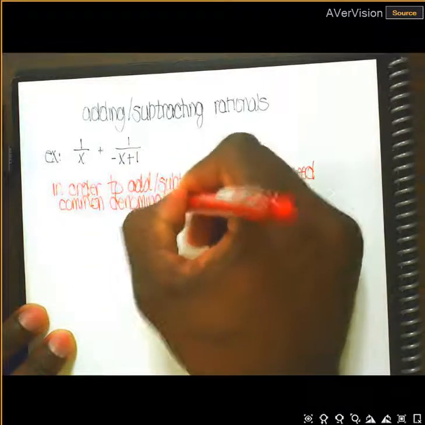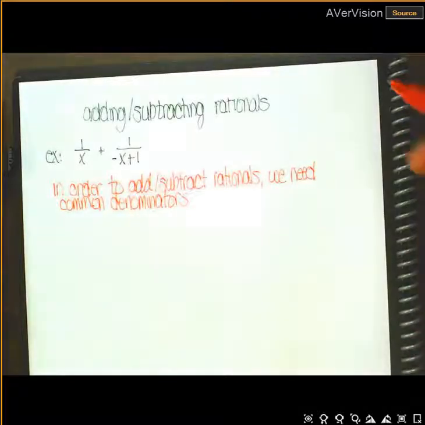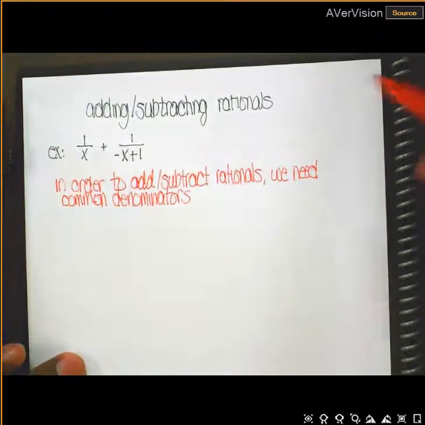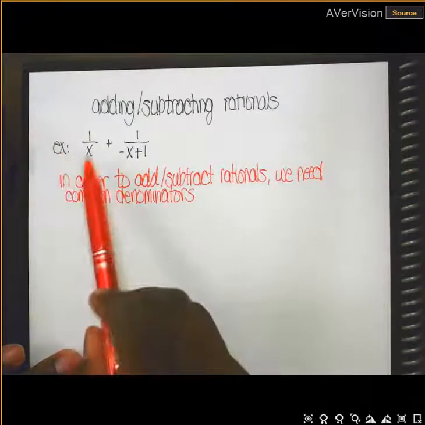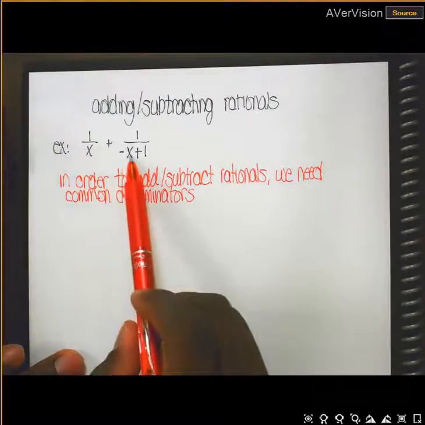In order to add or subtract rationals, we need common denominators. Is there anything we can multiply to x to get negative x plus 1?